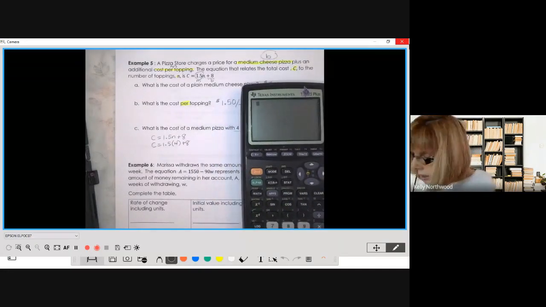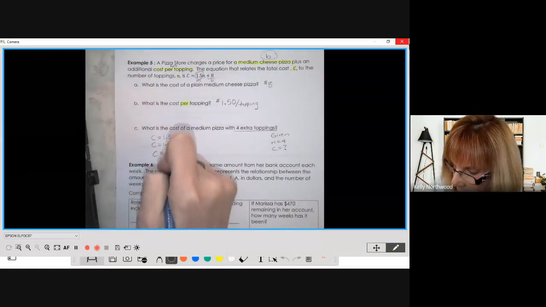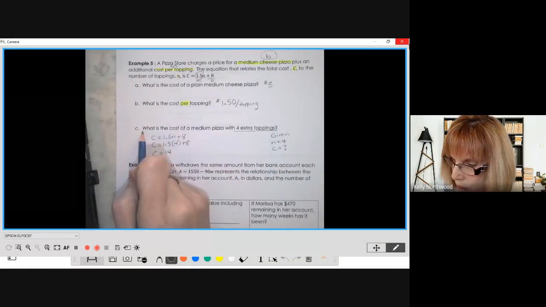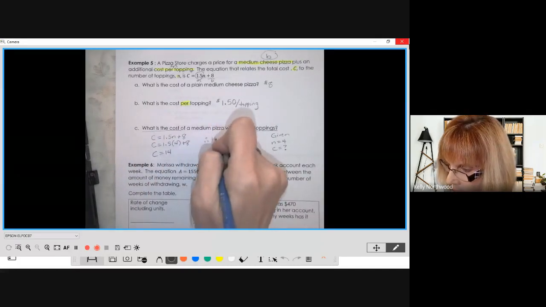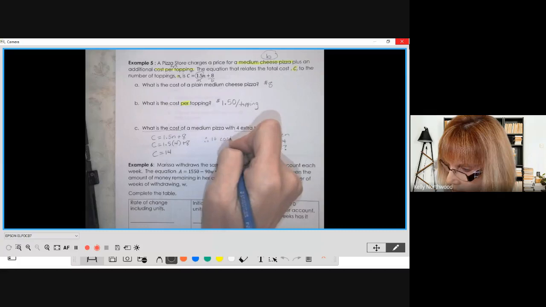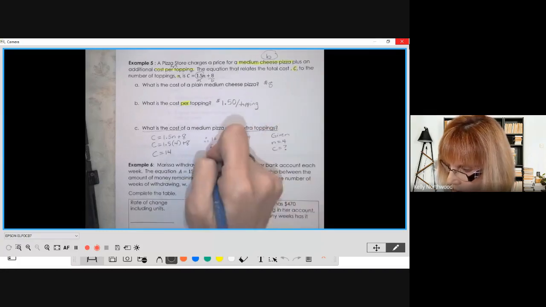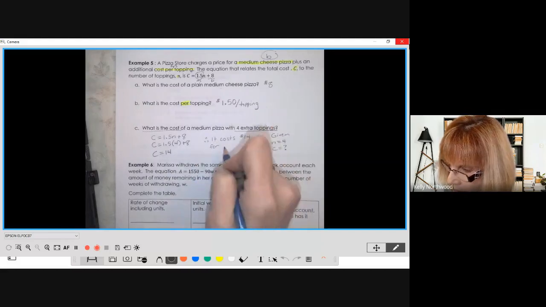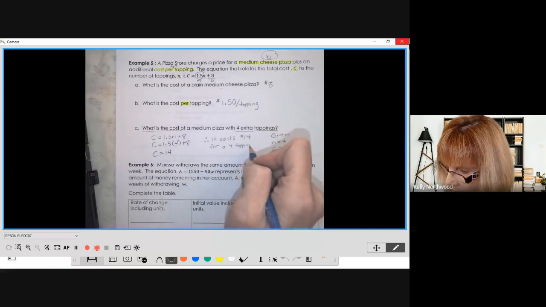So type that in, 1.5 times 4 plus 8 is 14. And then make sure we answer the question, what is the cost? So therefore it costs $14 for a 4-topping pizza.